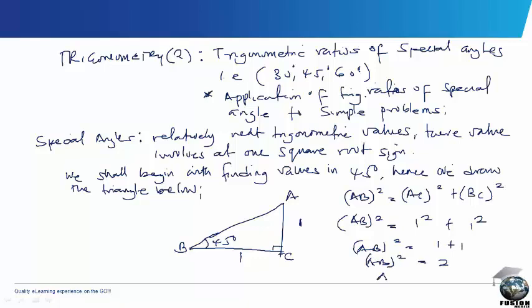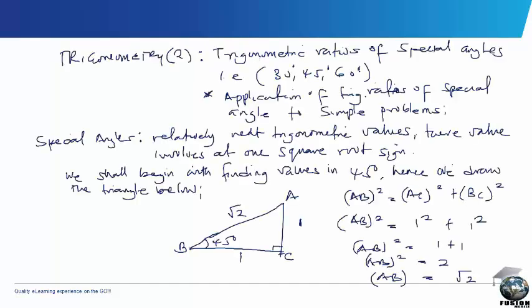So AB is equal to the square root of 2. Now we have all the sides of the triangle and can develop the sine, cos and tan.